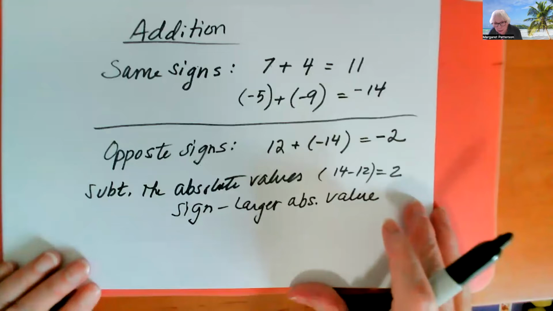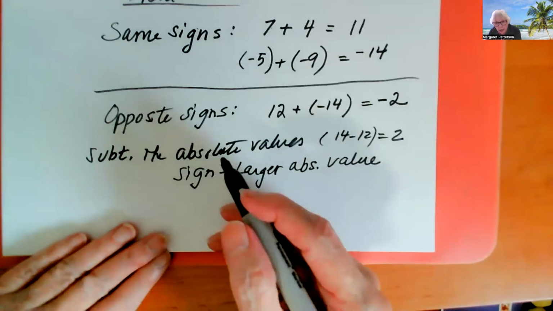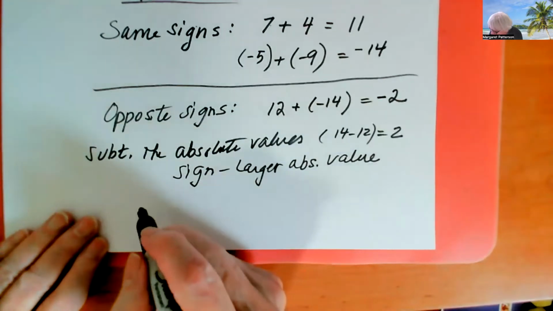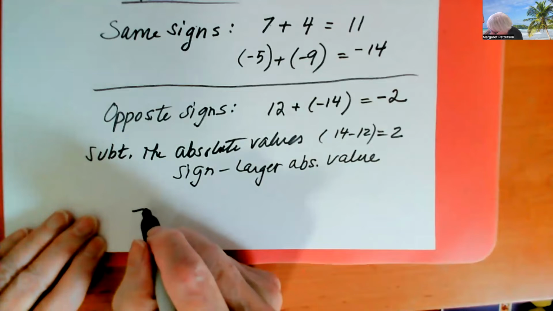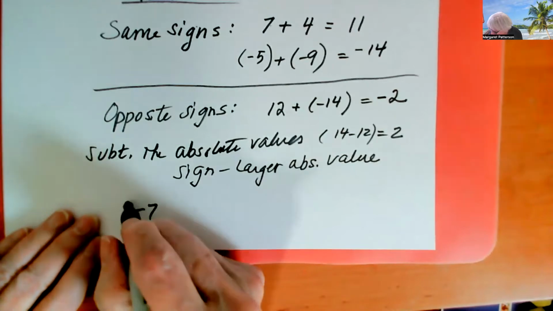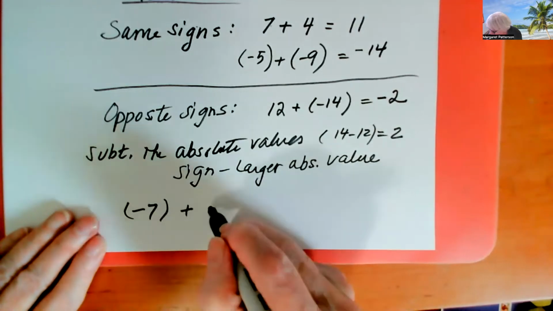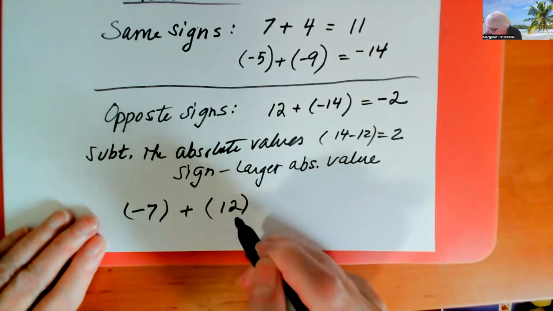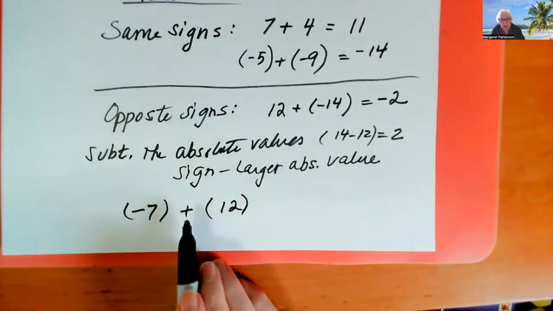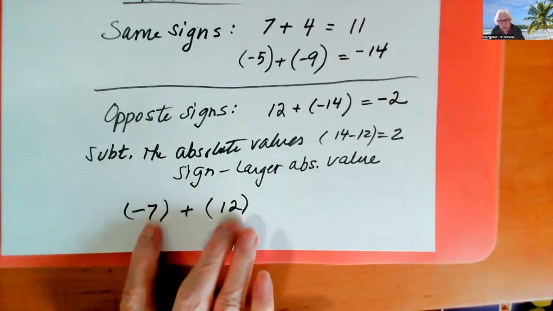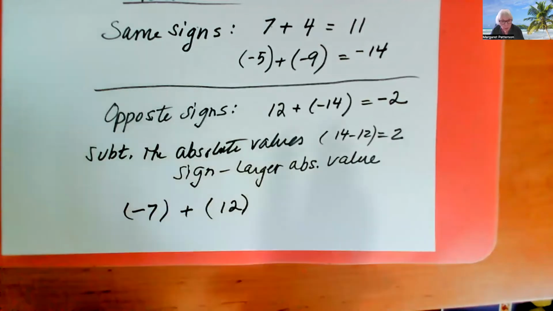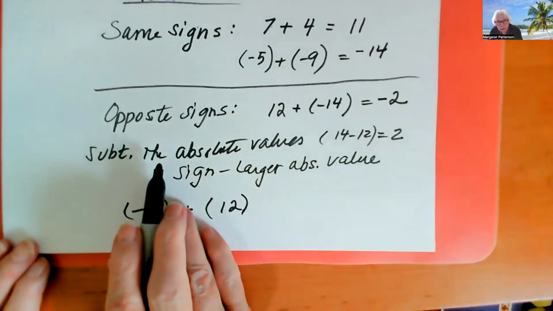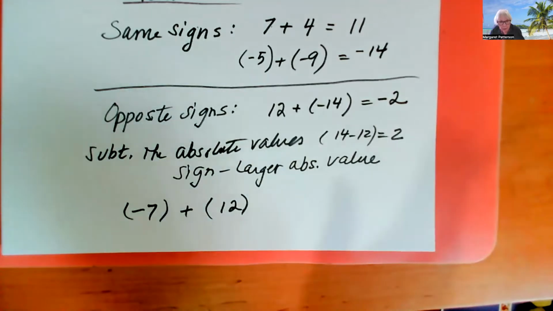And so a second example, just to do with opposite signs, if I had negative 7 plus positive 12. I'm adding. The two numbers are opposite signs. One is negative, one is positive. So what you do is you subtract the absolute values.